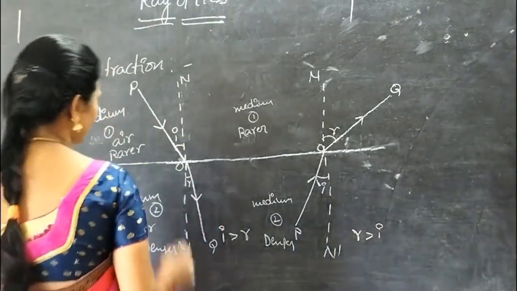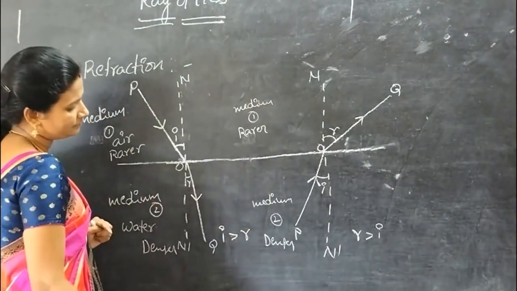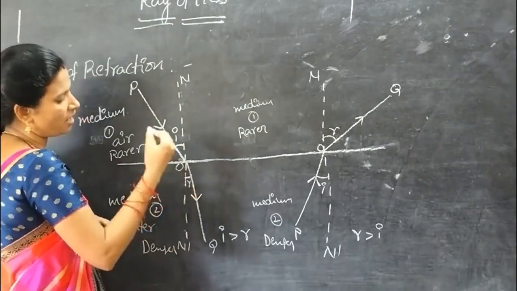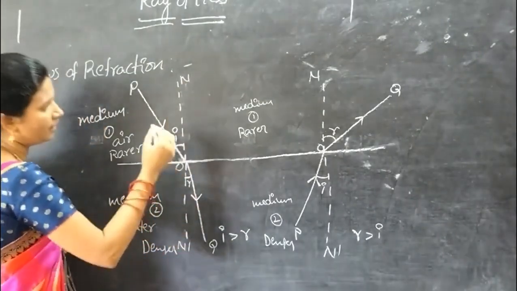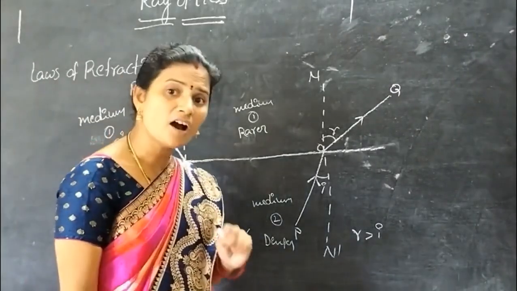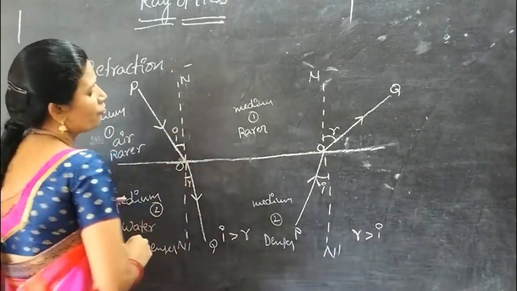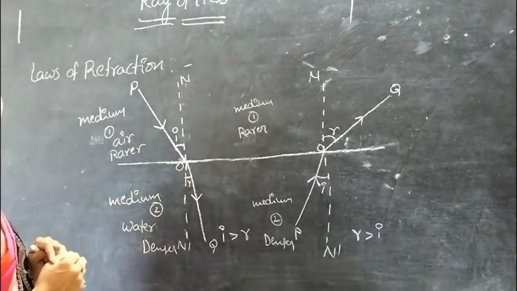One is, the angle of incidence I, the angle of refraction R, and the normal are all in the same plane. This is the first law of refraction.